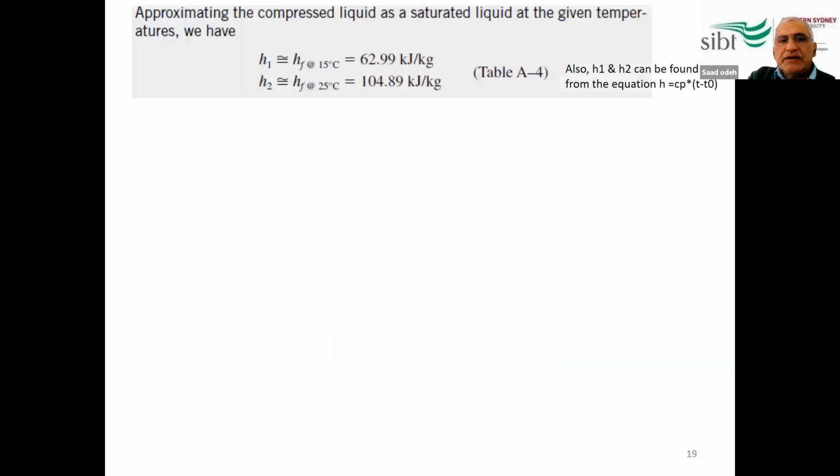So now, as you can see, we can refer to table A4, and at temperature 15, I can find HF value, and at temperature 25, I can find HF2, or the exit value, and the enthalpy of the water. So now I have inlet and exit value of the enthalpy for the water.